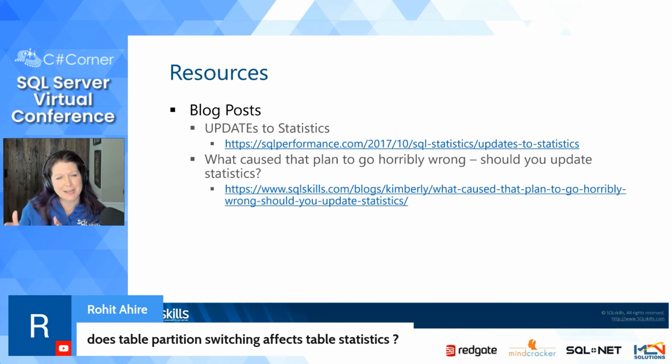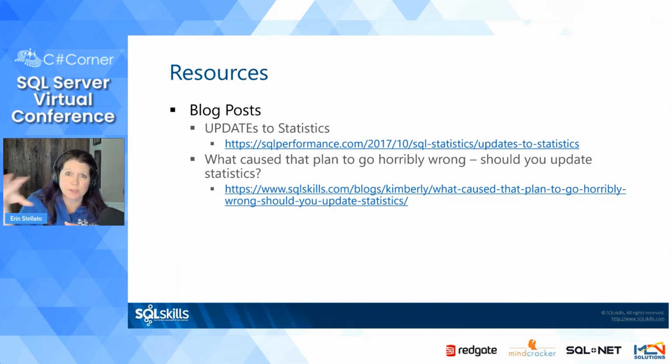The optimizer doesn't actually use them, but it does incorporate that into the overall histogram so that you don't have to go and update stats across the whole table. So to answer your question, when I partition switch, when I switch in, I want to update stats for that partition, and then those will get folded into the table statistics.